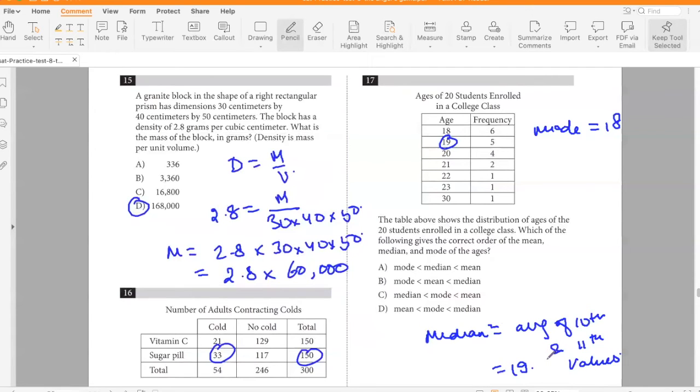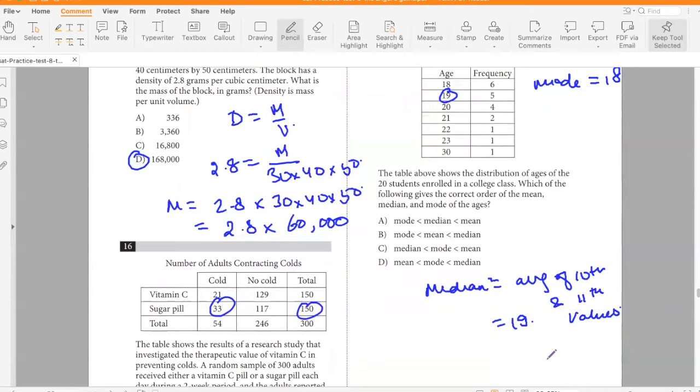And what about mean? There's an outlier value of 30, right? So that will pull the mean to the right. So the mean should be greater than the mode and the median. So we'll calculate it just to be sure. So that would be 18 into 6, 108, 19 into 5, 95, 80, 42, that's 373.